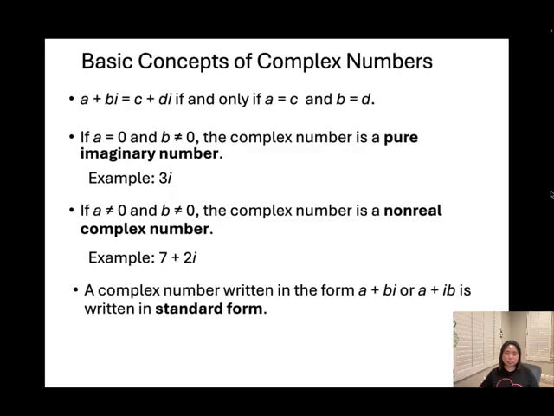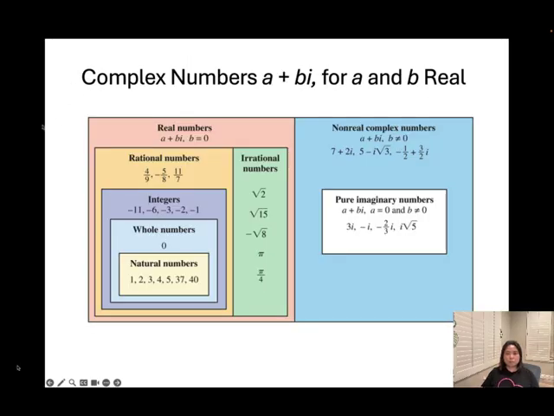A complex number written in the form a plus bi or a plus ib is said to be in standard form. So this table separates all those numbers: natural numbers, whole numbers, integers, rational, and irrational.